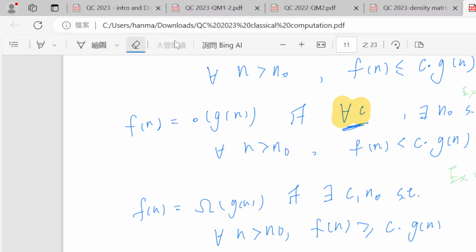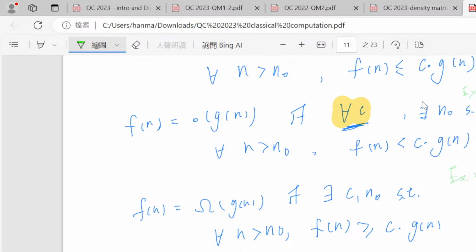Let's write this better. So n less than c times n squared, and then you cancel this n with this n and move things to this side, and you see that n greater than 1 over c works. So you can pick n naught as 1 over c, and whenever n is greater or equal to 1 over c, you have this.